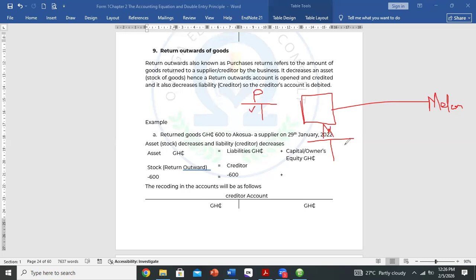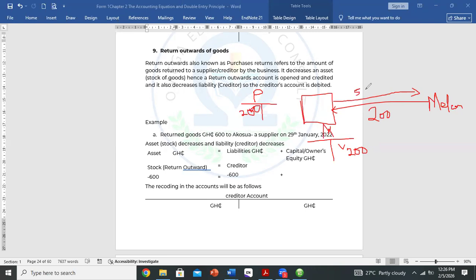So if I return some of the goods, let's put in figures. So maybe I bought 200 on credit. So I would have credited Malcolm 200 and debited my purchases 200. So what it technically means is that I have goods 200, but Malcolm gave me those goods on credit 200, right? If I return back to Malcolm, my supplier or my creditor, let's say 50, then that is return outwards.